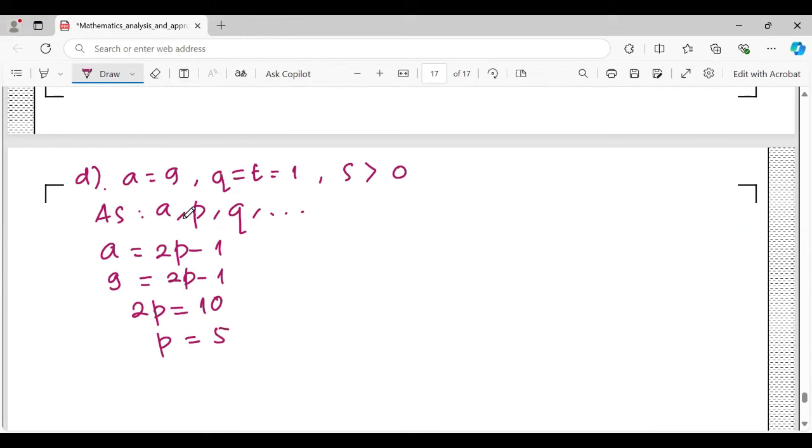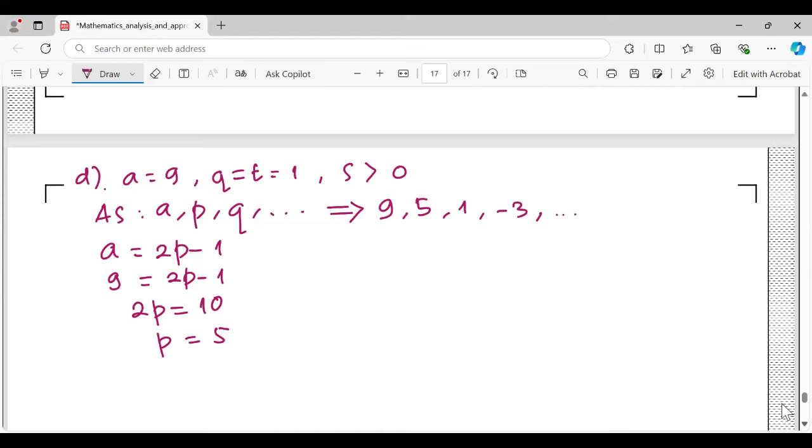So this sequence A, P, Q will be A equals 9, P equals 5, Q equals 1, and the common difference is minus 4. This is the first 4 terms.